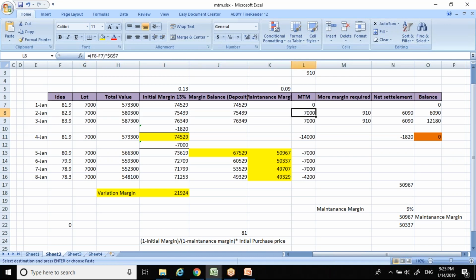So 2nd January's marking to market, M2M, is around 7,000, out of which the exchange deducts 910 rupees and credits it into your account with the exchange. Your deposit with the exchange increases from 74,529 to 75,439, and the remaining 6,090 they credit to your trading account balance. If you want to withdraw, this is your equity.